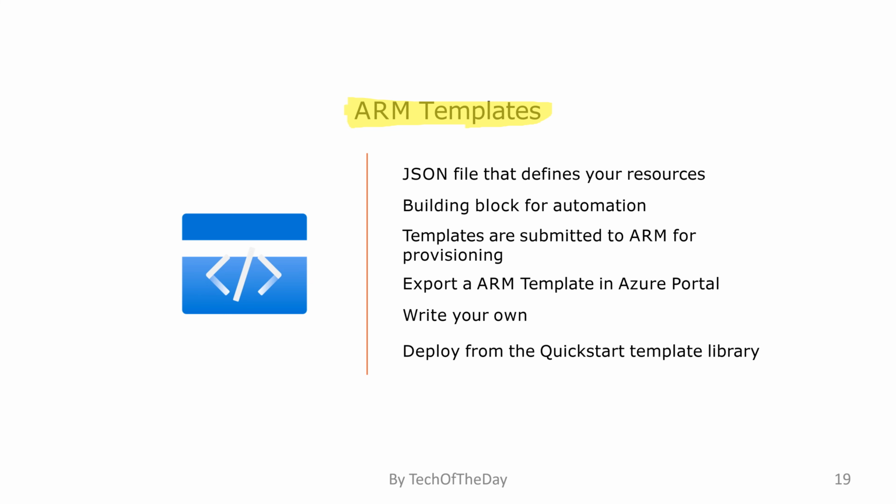So the example is having one set of parameters for production, another for QA, and another for dev, still using the same ARM template but with different parameters, providing consistency to your deployments. From a process standpoint, you create an ARM template, and then the ARM template is submitted to Azure Resource Manager for deployment using the tools that we focus on in this module: the Azure portal, Azure CLI, and Azure PowerShell.